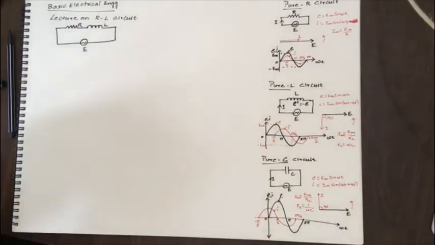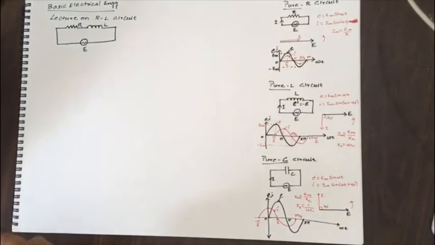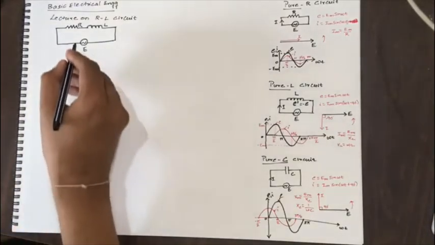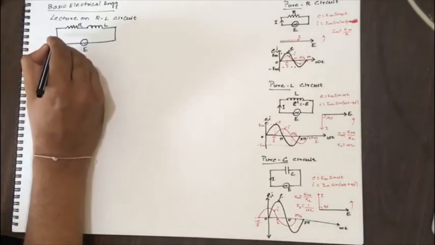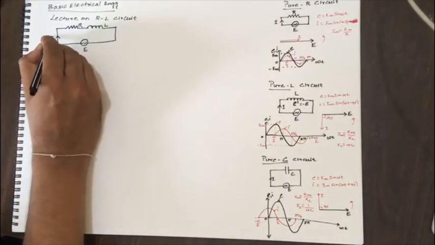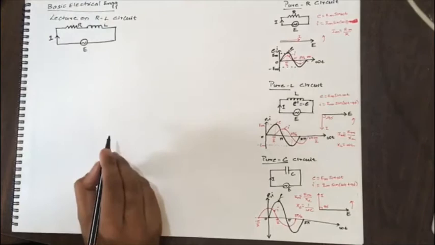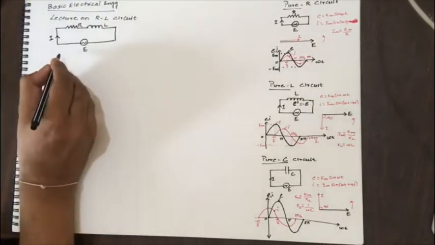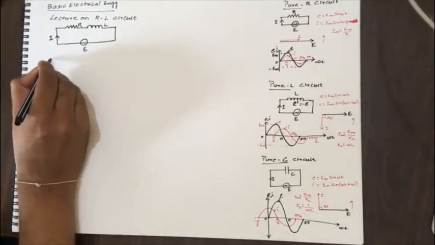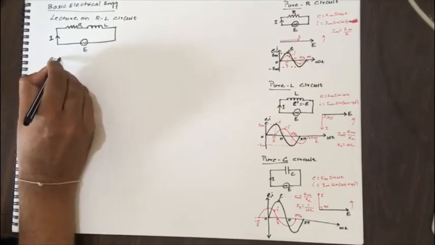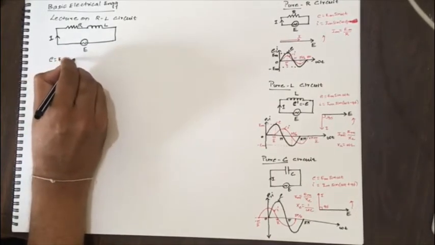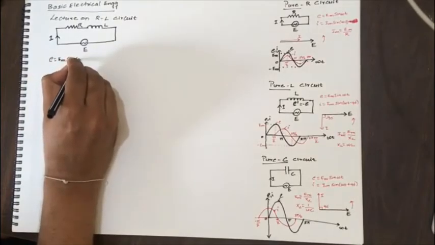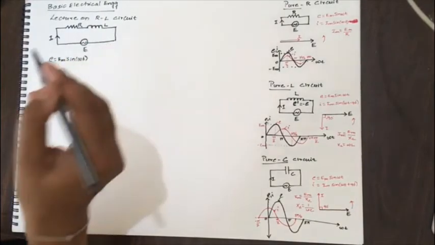Now, when I apply the voltage of E volts RMS, a current of I amperes RMS will flow through the circuit. Let us consider the applied voltage E is equal to the instantaneous value Em sin omega t.